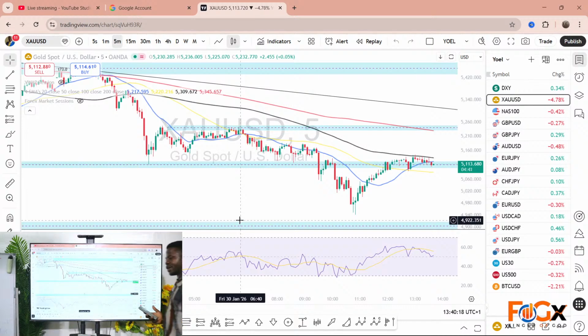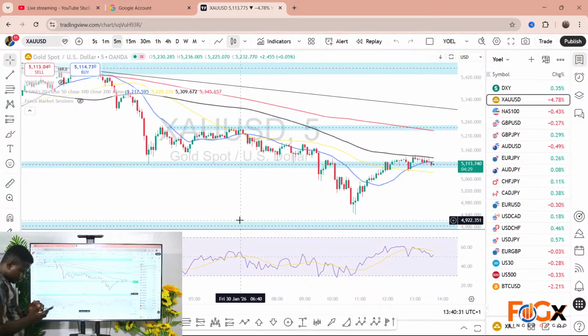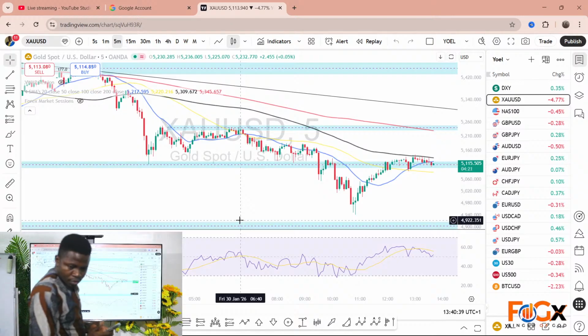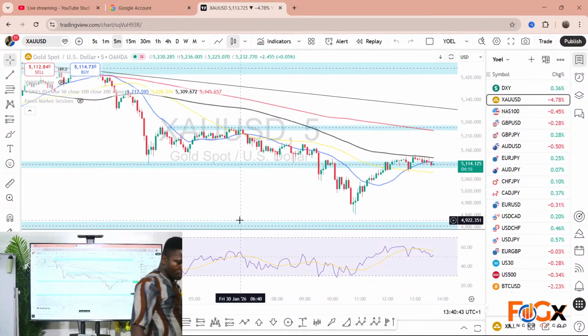Then you register, then we open a demo account. Yes, go to browser, sir. Yeah, register.